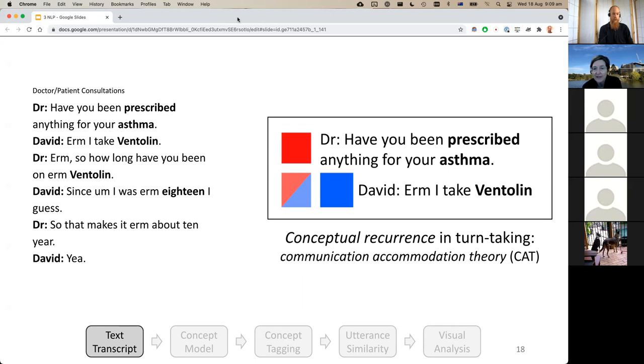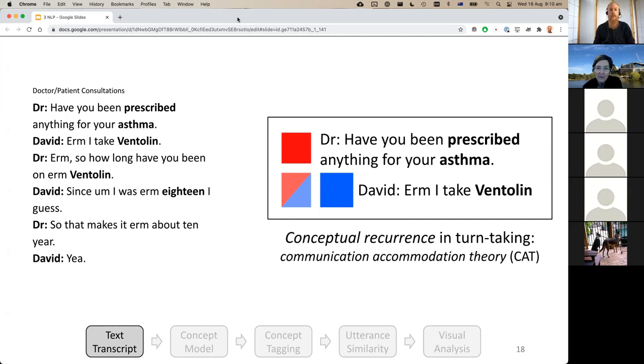There are some words here, some non-words, and pauses. Along the bottom we've got the text transcript, and what this tool gives us is a visual analysis of when the doctor and the patient are talking about the same thing and when they're not. So we need some way of understanding that.